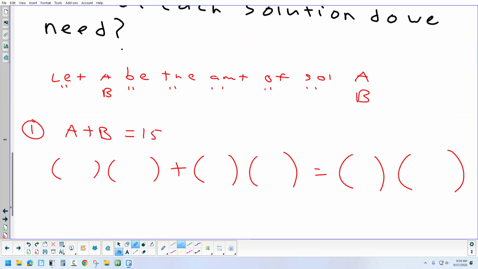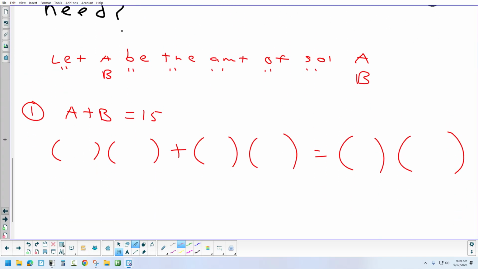This is going to be solution A, solution B, and the total. Now remember, whenever you use a percentage, and this is pretty much always true for the equations that we've been working with, you have to change percentages to decimals.